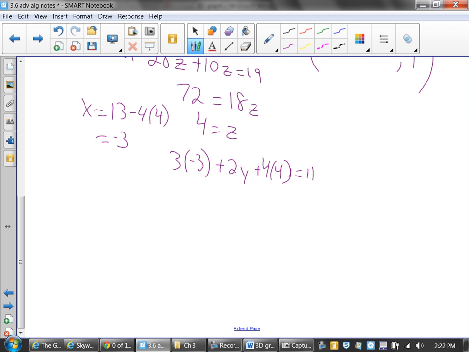So now negative 9 plus 8 is... 11 minus 7 is 4. 2y is 4.